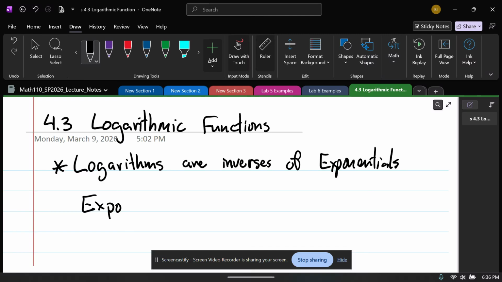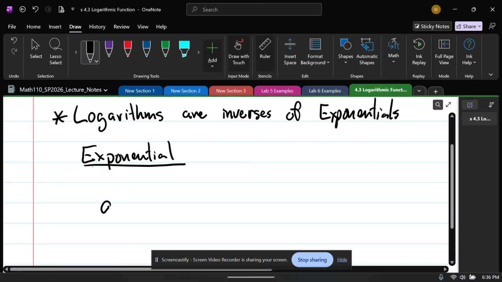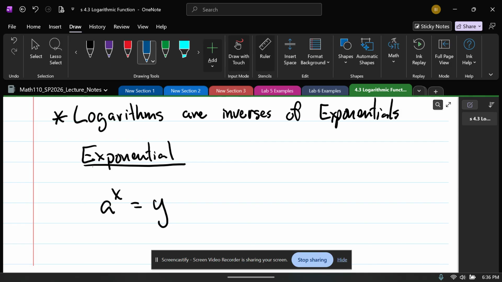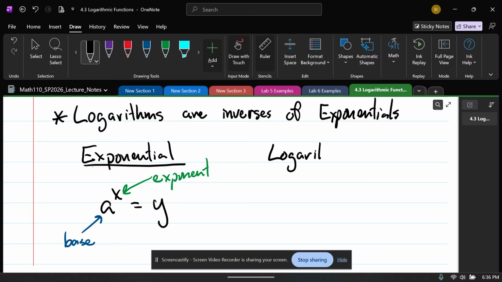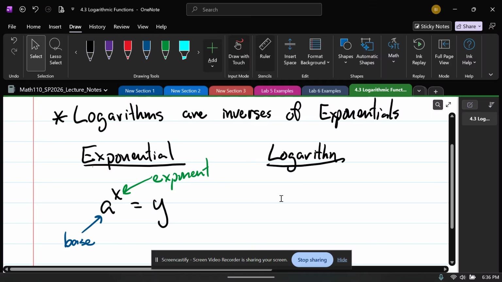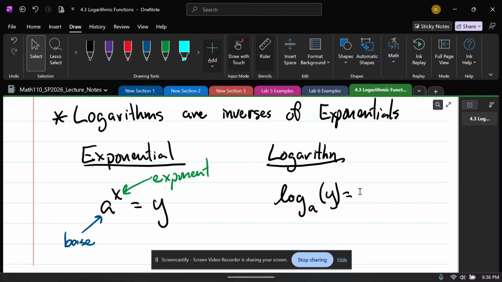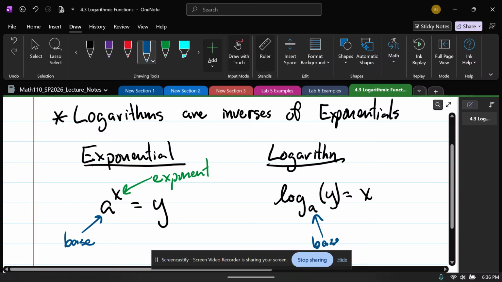So with an exponential, we got a to the x equals y. And let's go to the parts again. This is the base. This is the exponent. With a logarithm, this is the base.